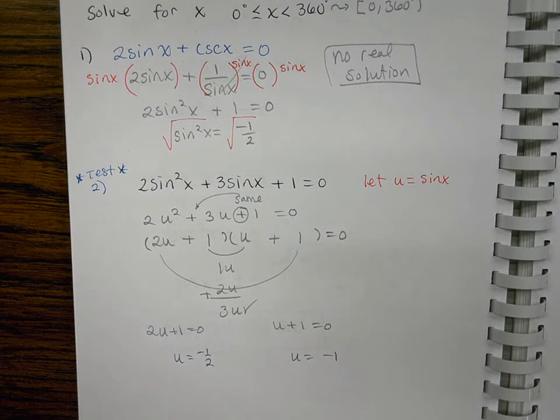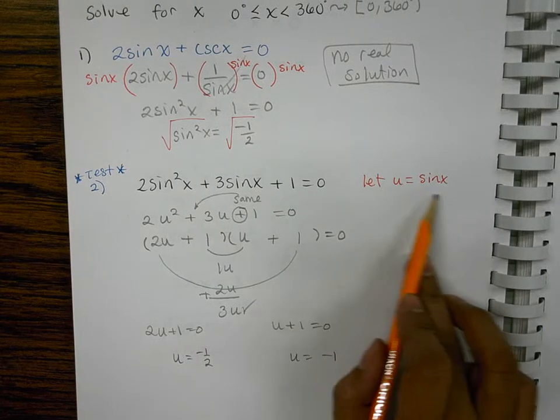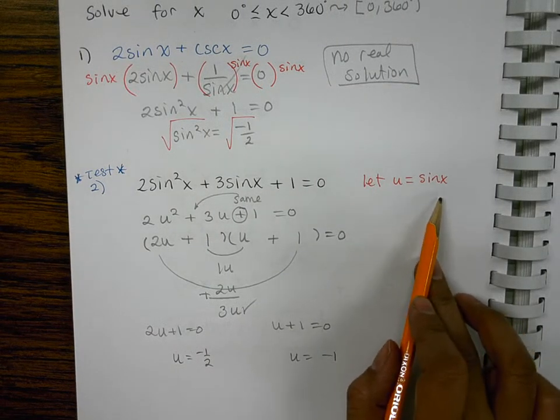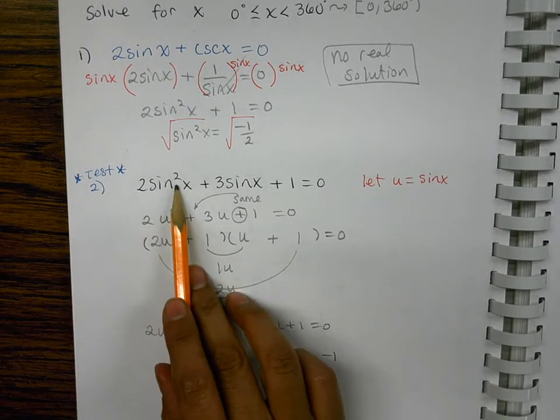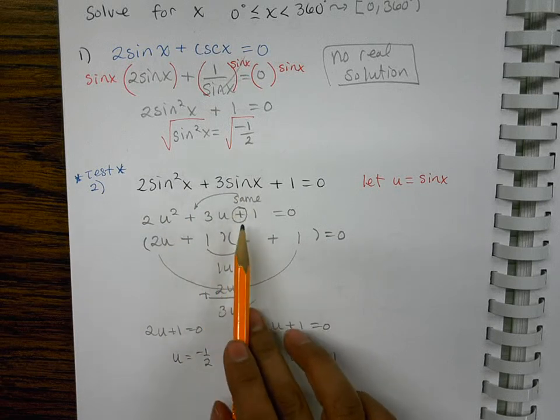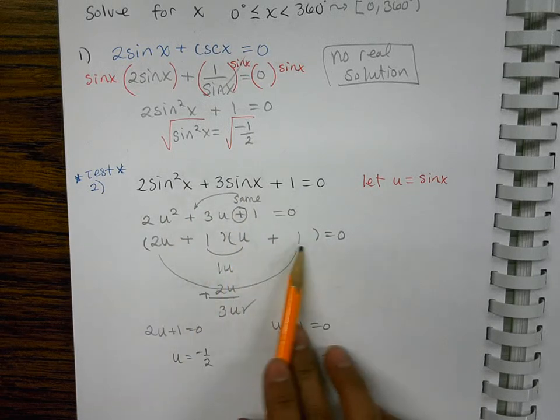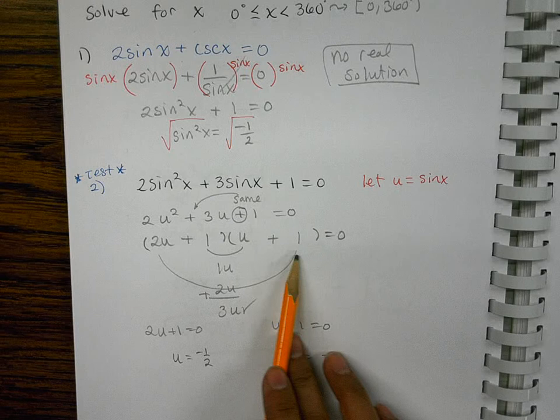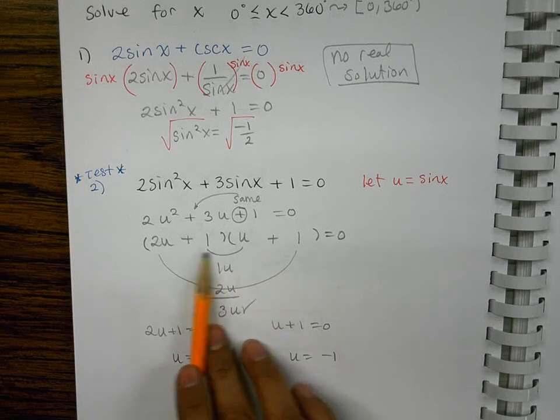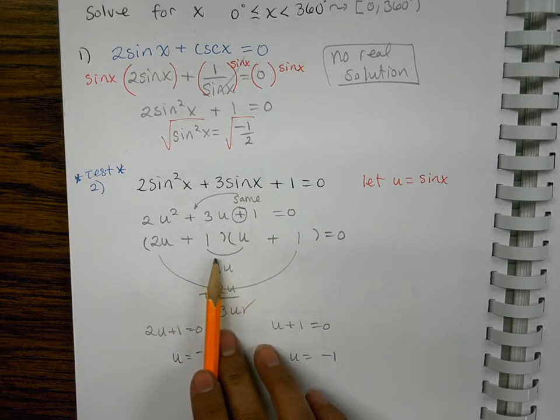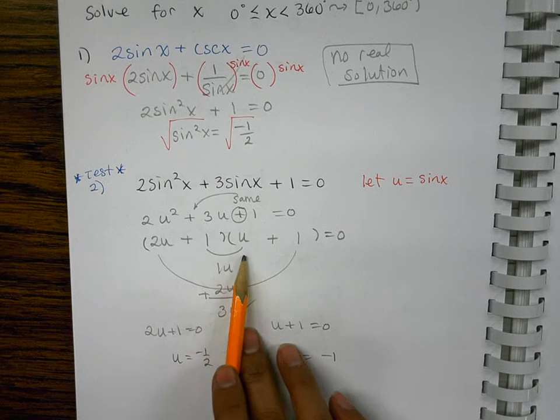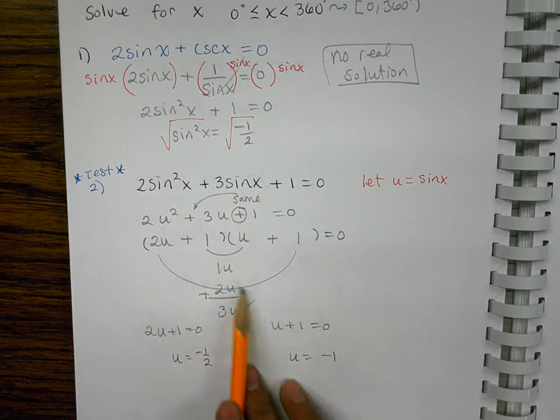Okay, we are not done, but I just want to make sure that everyone understands what's been done. I substituted u in for all the sine x's, so 2u squared, 3u plus 1, double bubbled. You learned this back in Math 2. You did it again last year. We reviewed it at the beginning of this school year. Guess and check did our work. Here's our checking, check.